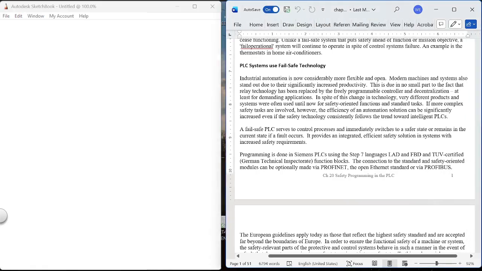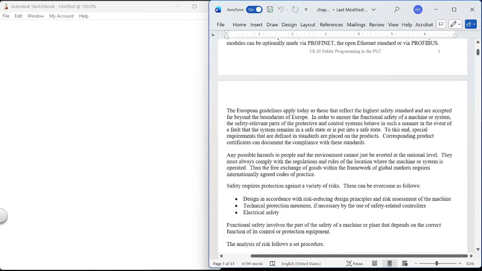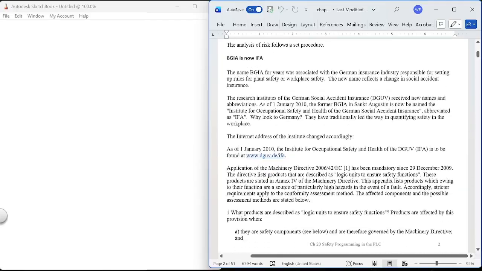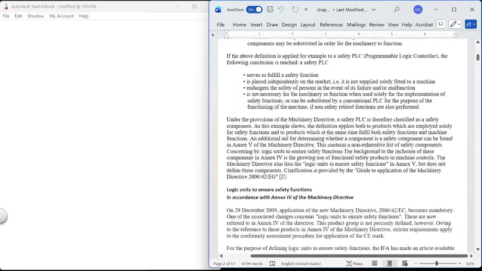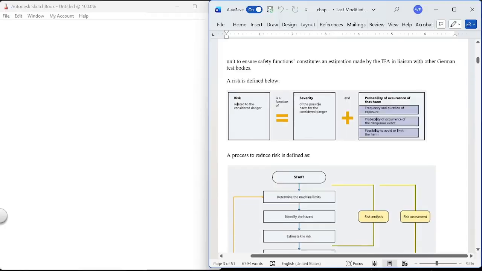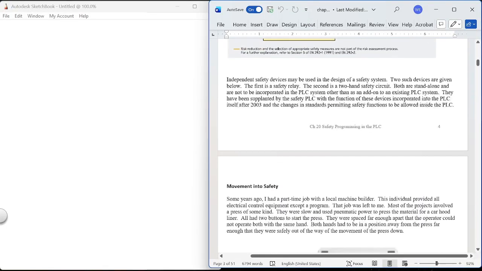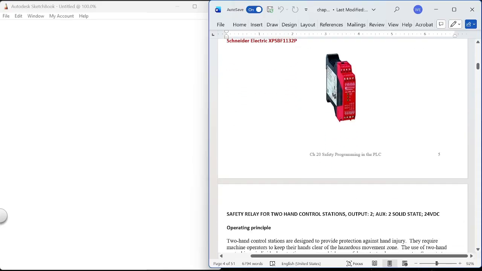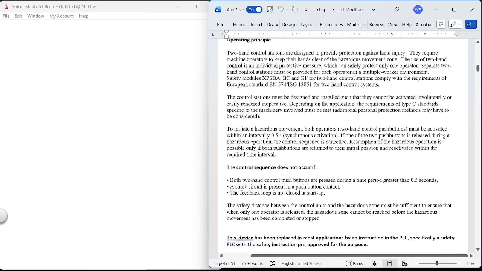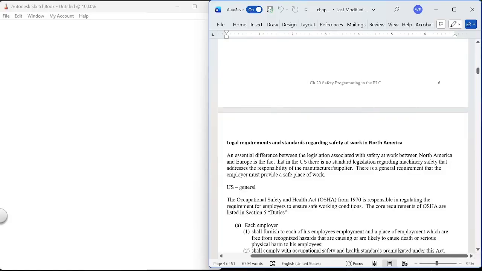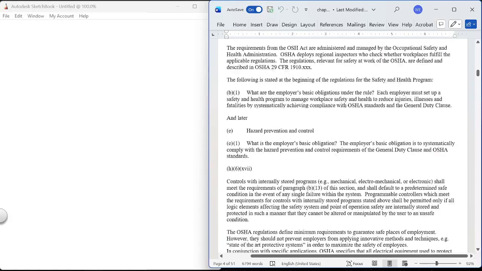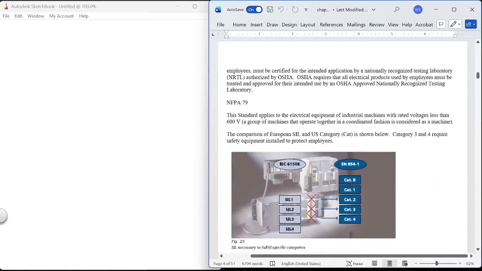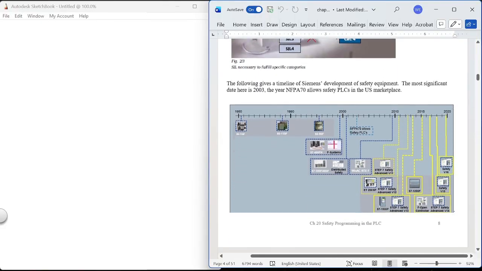Having a safe PLC was not something that we considered doable for a long time, because we just didn't want to have safety in the PLC. They resisted it for a long time. And I've got it someplace down here. I have a timeline of when safety was, right here.